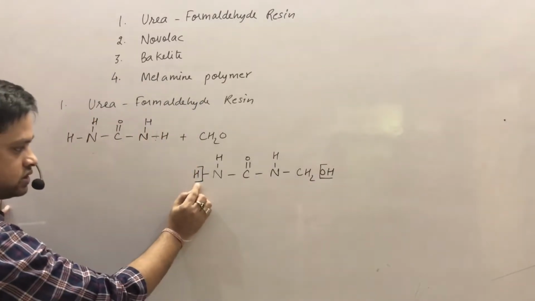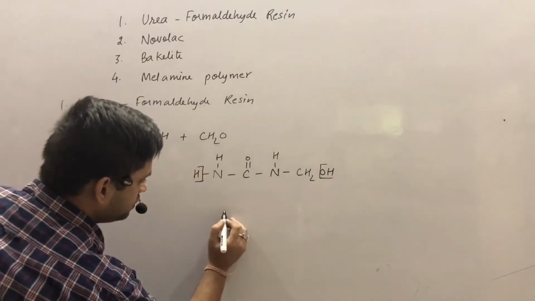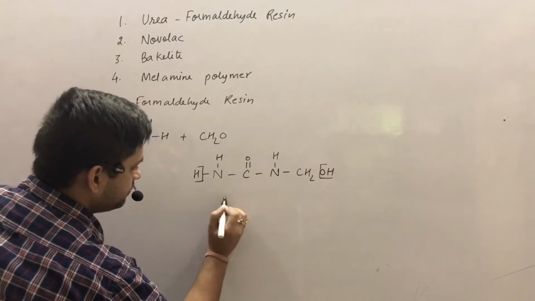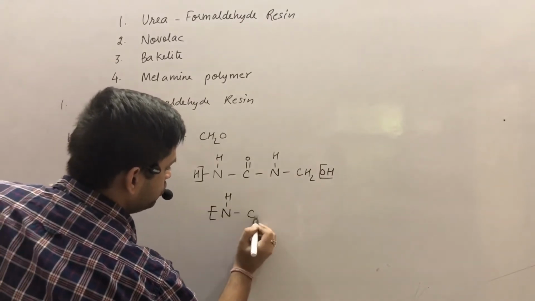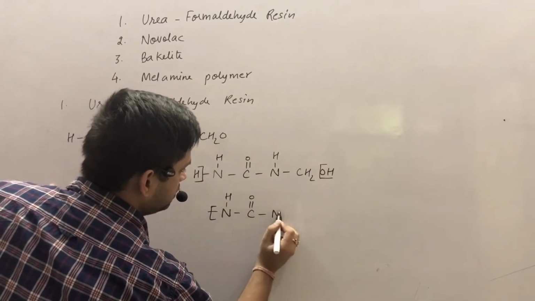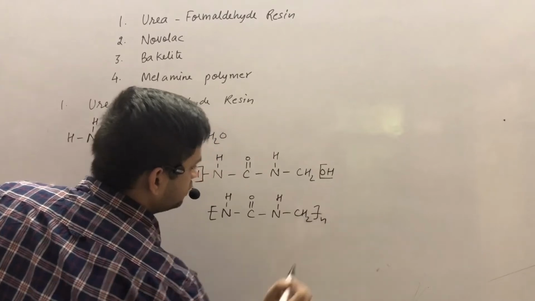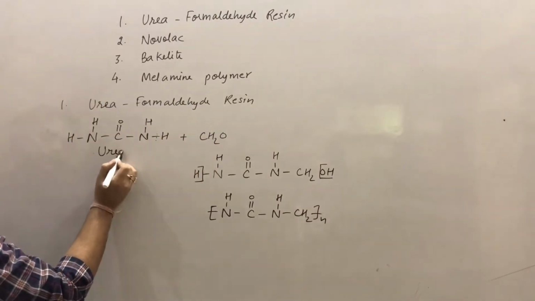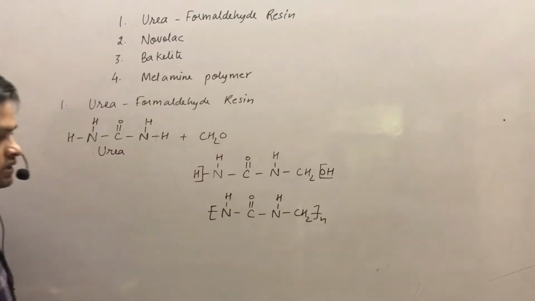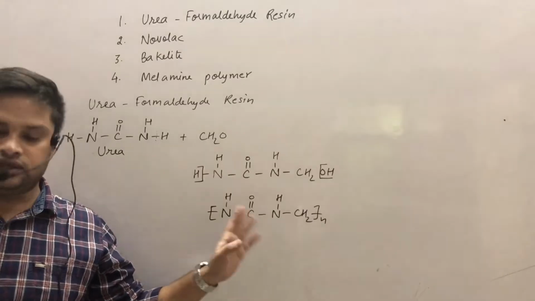Similarly, H of this and OH of the previous monomer leads to formation of the polymer, and the polymer is urea formaldehyde resin. So this is the first resin, and this is urea, first monomer, and this is formaldehyde, second monomer, and this polymer is urea formaldehyde resin.